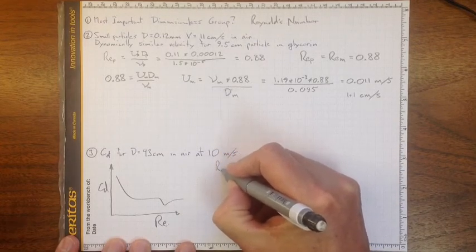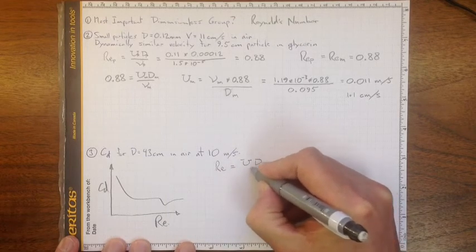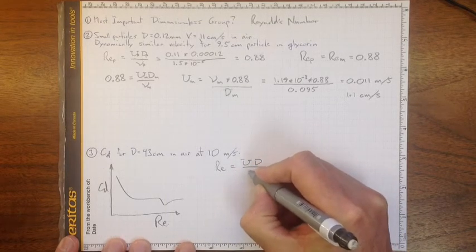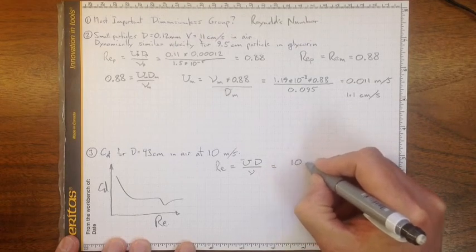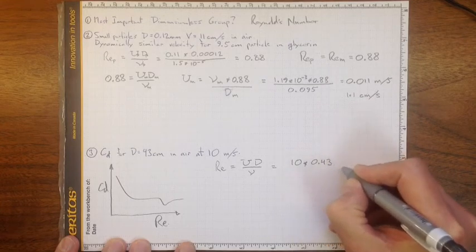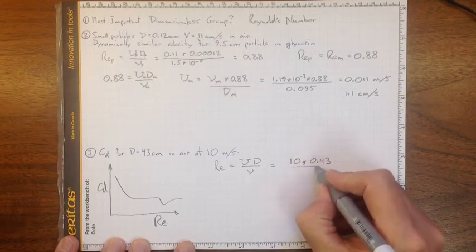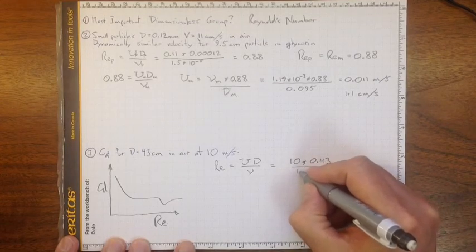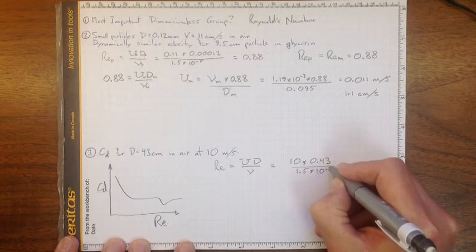The Reynolds number in this case will be velocity times diameter divided by kinematic viscosity. That's 10 times 0.43 to get it into meters, divided by 1.5 times 10 to the minus 5.